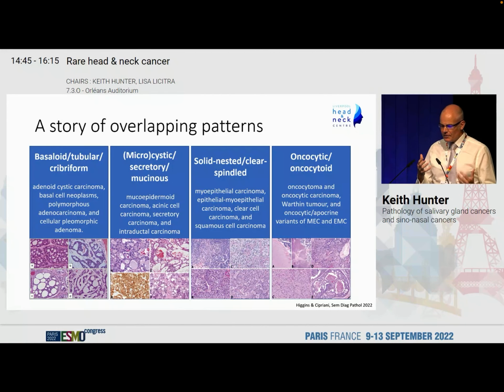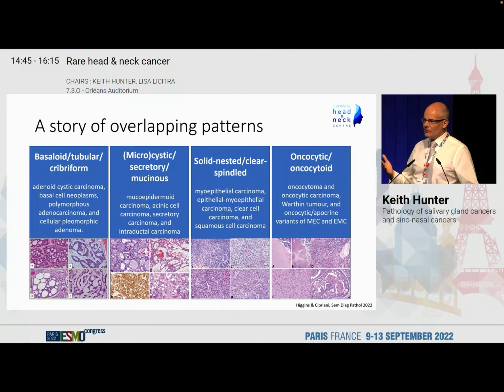Now, I have a musical analogy in relation to this. I wonder whether salivary gland diagnosis and the morphological patterns that you have is a bit like sonata form, in that you have a basic morphological pattern, and that is, if you like, the exposition. And then you go to the next slide, and you may well then have a development.